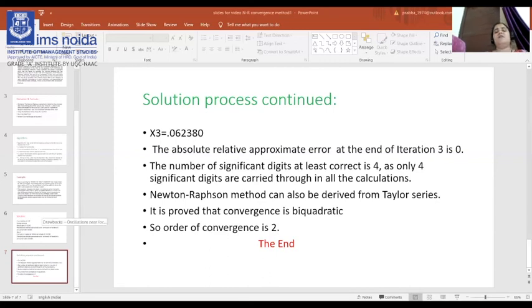The third drawback is oscillations near local maxima or minima points. Results obtained by the NR method may oscillate about the local maxima or minima without converging to a root, because somewhere you will find the answer only after 12 or 13 iterations. In that case, the NR method fails, and you have to opt for a new method, because sometimes you want the answer very quickly, in 2-3 steps.